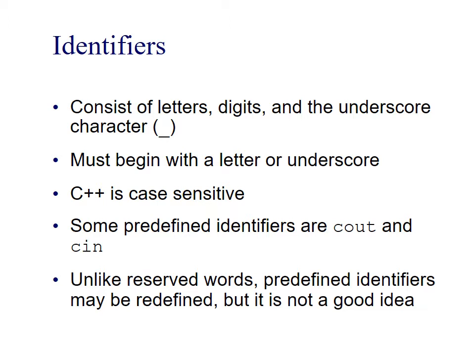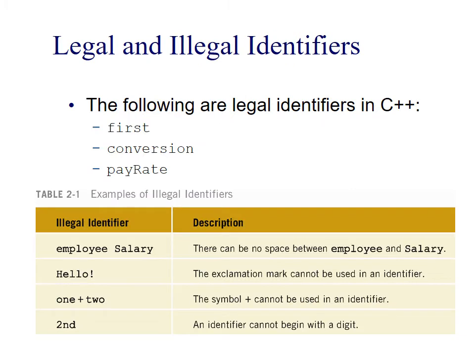And C++ is case sensitive, meaning capital letters and small letters differ, so we have to be very careful. Some predefined identifiers are cout and cin. Unlike reserved words, predefined identifiers can be redefined, but it's not ideal to do that. We have legal and illegal identifiers; the following are legal identifiers in C++. All those are allowable, and legal means allowable. We can use those.